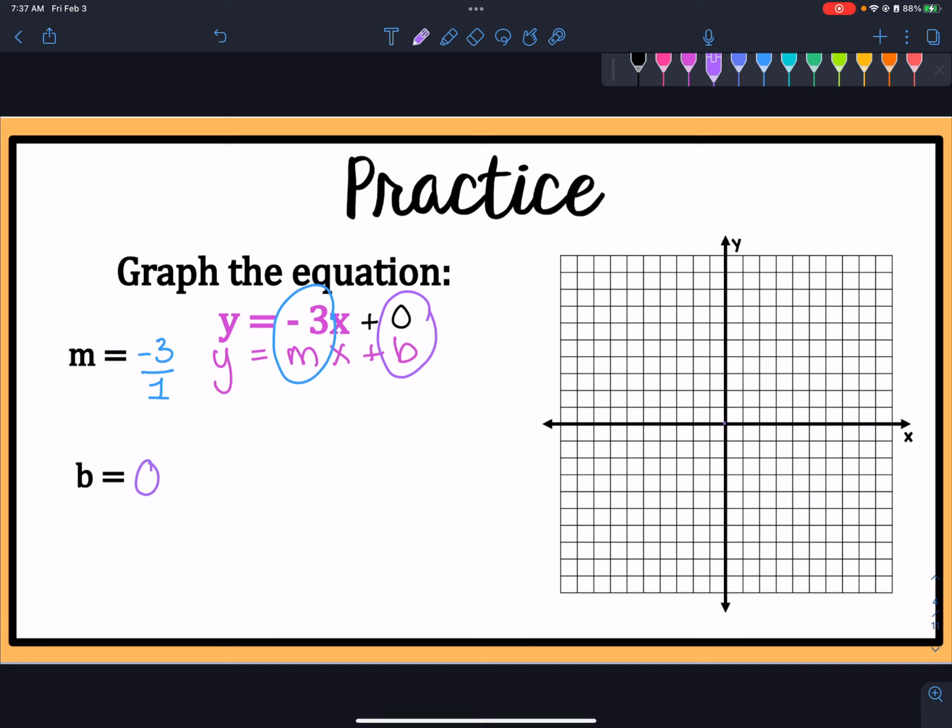So again, we're going to start at the origin and plot our first point. Now, -3 over 1. That's now we're going down 3 and right 1. So I'm going to count down 3 and go right 1. Down 3, right 1, down 3, right 1. I have a couple points here, so I am now going to draw my line through the points. And there's our graph.